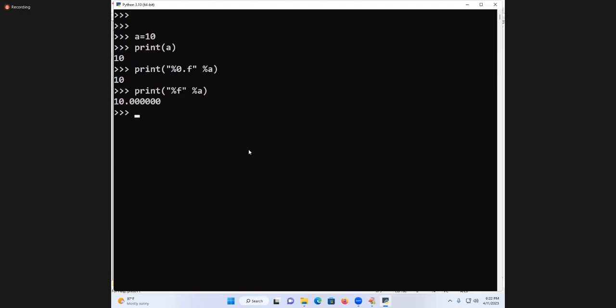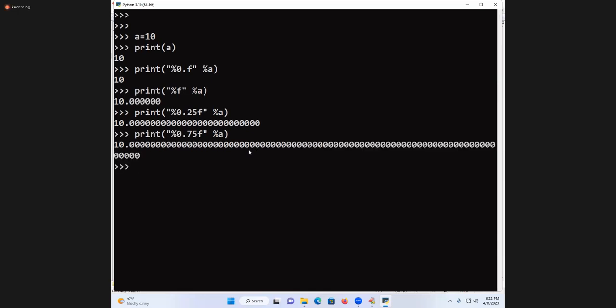I mean 10 point, after that 6 zeros printed. Even if I say 25 digits after that, it is also printed as 10.000 only. So it never loses its integrity, its correctness. I'll say 75 also, it never loses its integrity. 10 is 10 only.